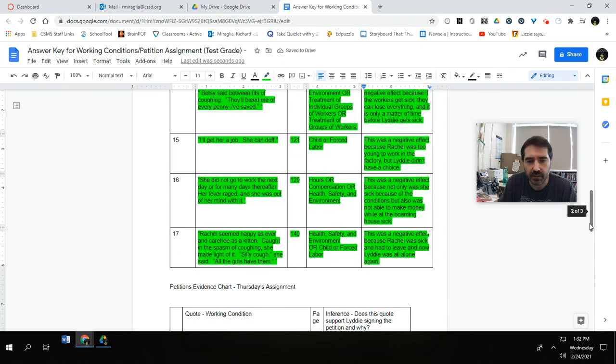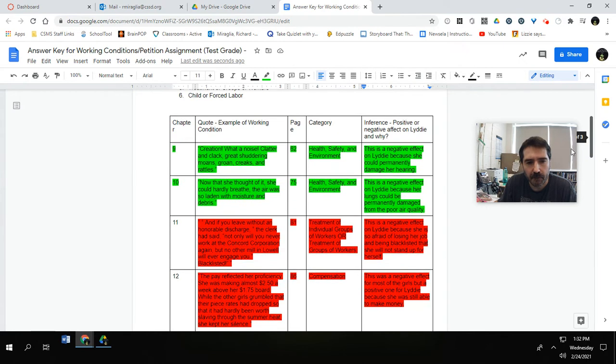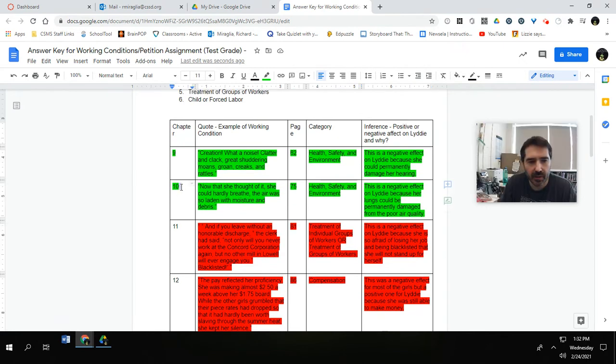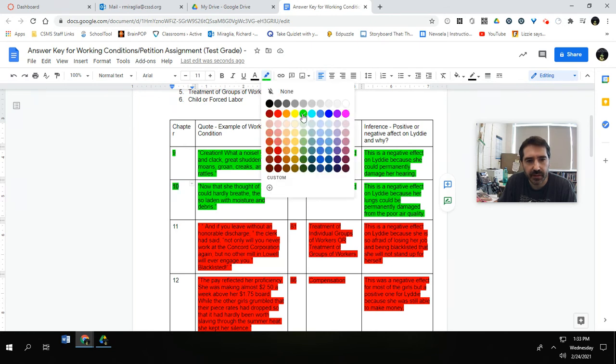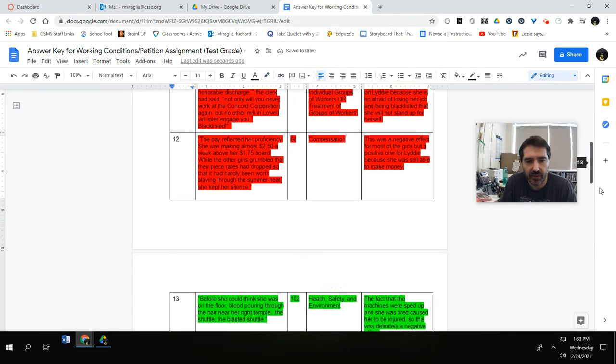Now what you need to do is look at all of these. What I'm going to do though is unhighlight the numbers, just the numbers, because I'm going to have you do one other thing, because this is going to help you out even further.